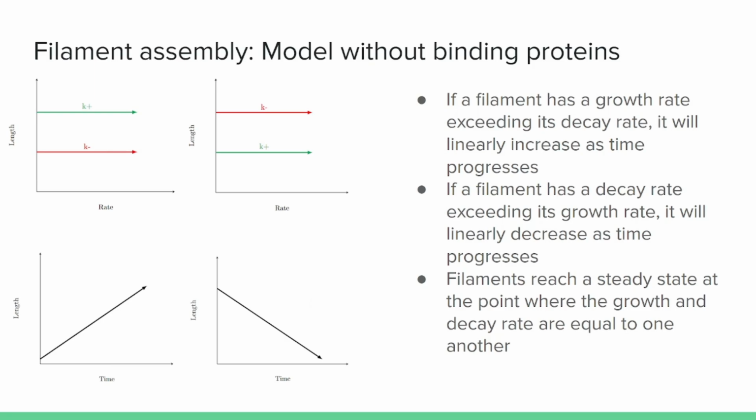For length control, we would like the rates to balance at a particular point such that the length first increases and then tapers off to a particular size, which is where the growth and decay rate are equal to one another. Thus, length-dependent rates are required for length control.